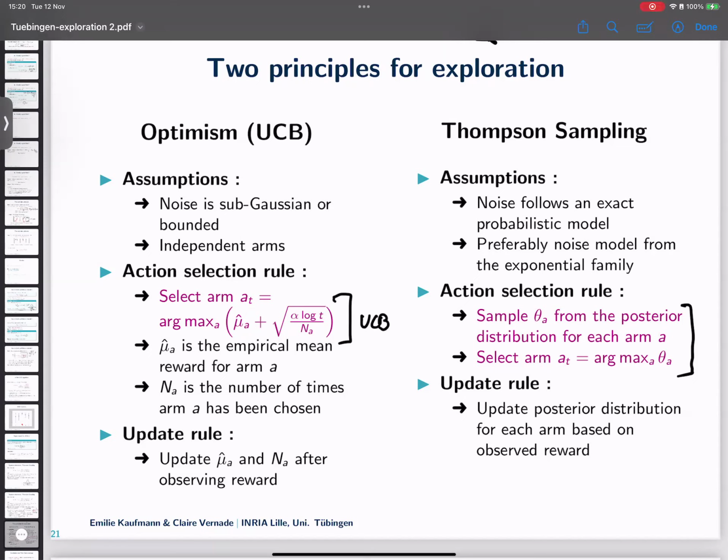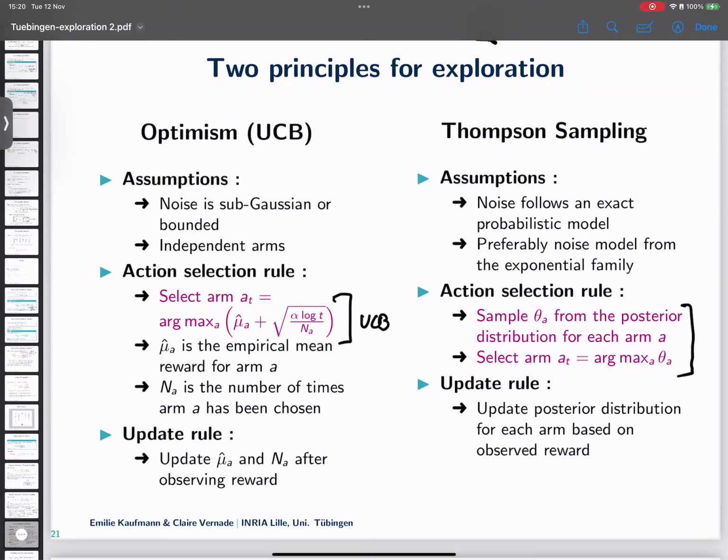Or in settings where what we want to do is not really to maximize the sum of the rewards, but at the end of a certain testing time, I want to output what is the best arm. And I want to make sure that the arm that you return is the best arm with high probability.